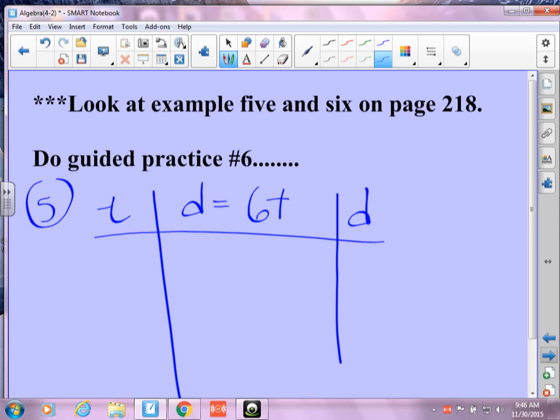So what do you think my beginning value would be? Well, think about running. When you first start off, how long have you run? 0. So you put 0 in, right? So that's 0. Okay? Right? And then you choose something in between. So you go like 1.